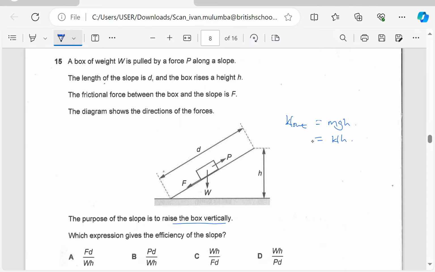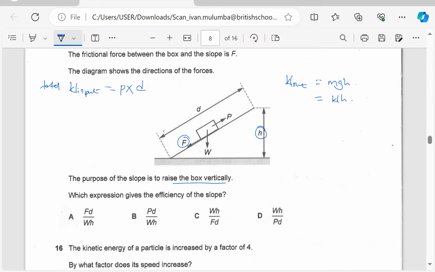Then the total work input is going to be equal to the force, which is P, times the distance, which is going to be D. Because P is the one doing the work against F, and also doing work against gravity to raise the box through a vertical height h, it means the work done by the pulling force P is the same as the work done to overcome the friction F, plus the gain in gravitational potential energy, or the work done against gravity.